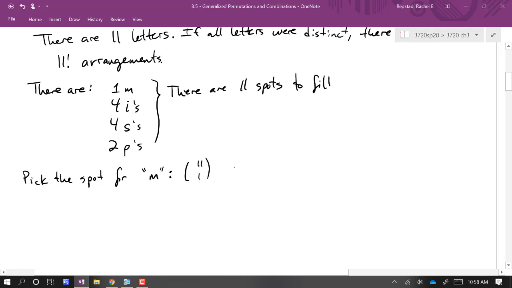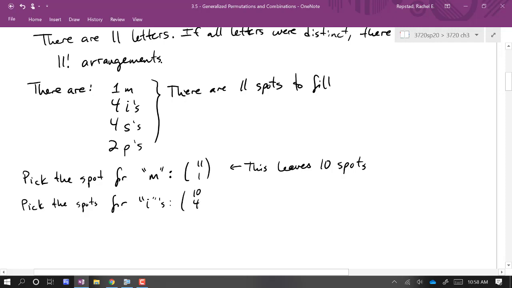Once I place that M, this leaves 10 spots for the other letters. Now let's pick the spots for the I's. There are 10 spots, and I've got to pick 4 of them to get the I's. So there's 10 choose 4 ways to do that.